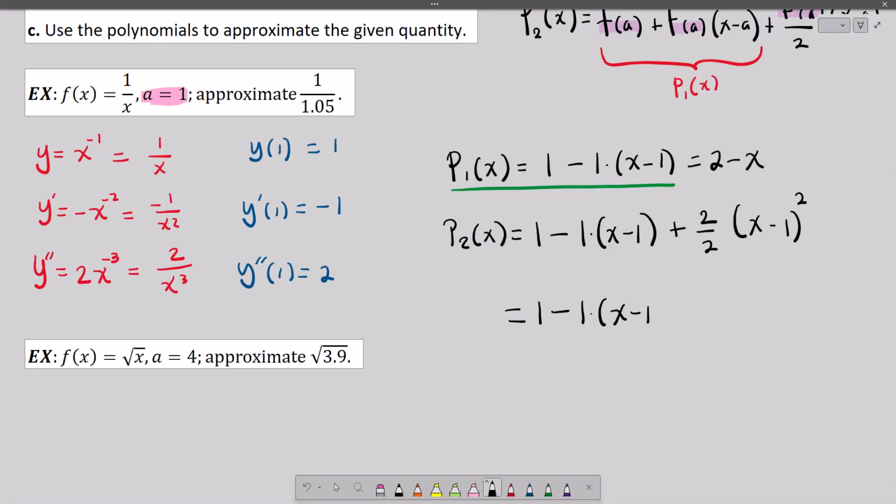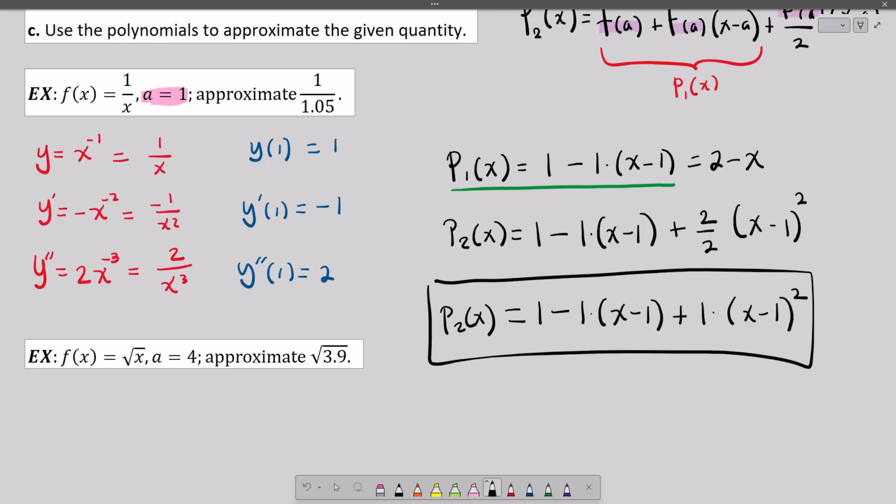It kind of depends on the context. But either one of those, you certainly do not ever square this out and then add them. That'd be a total waste of time. So that is our best quadratic approximation. So now we have to figure out how to use it.